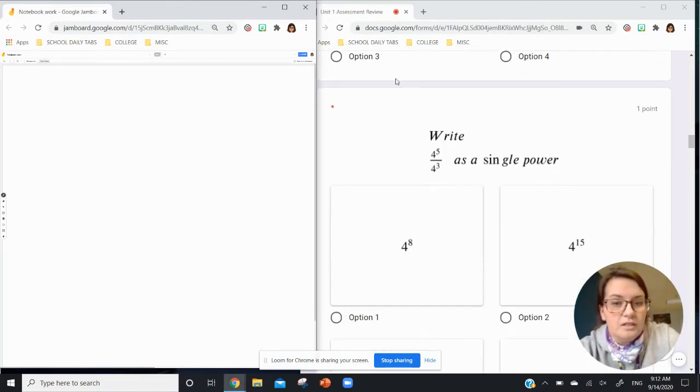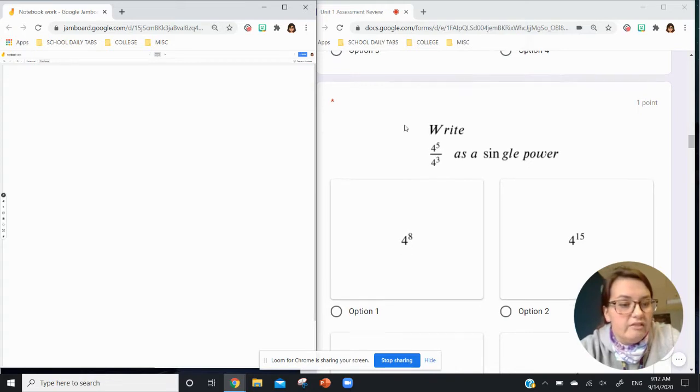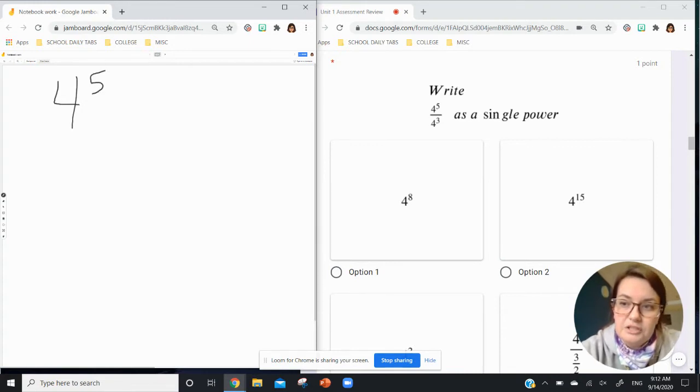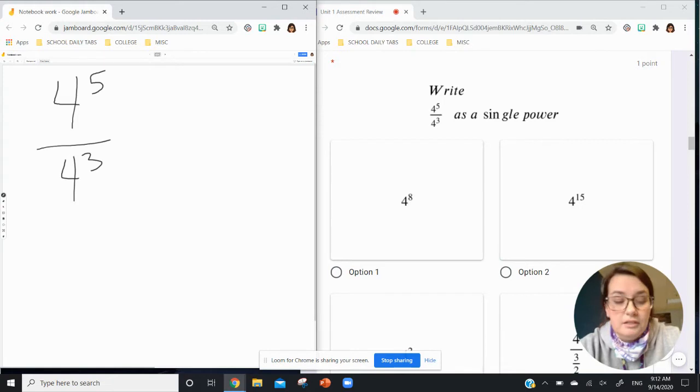Okay, so we have our division rule, and when we're dividing, we actually subtract the exponents. So let me write this over here. I keep the base the same, and then I'm subtracting the exponents.